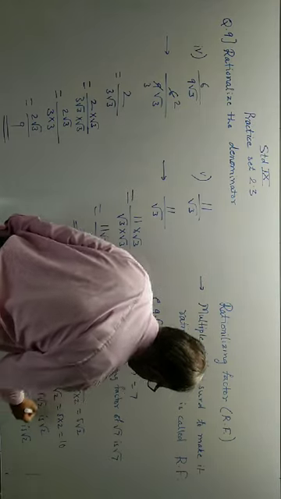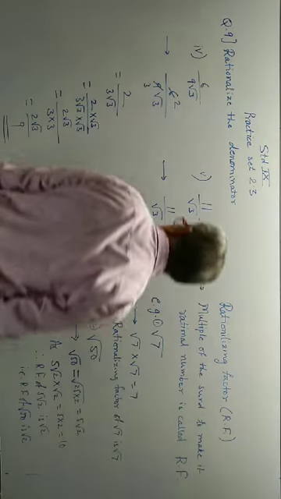Root 50 we first have to write as 5 root 2 and then multiply by root 2 in the denominator.